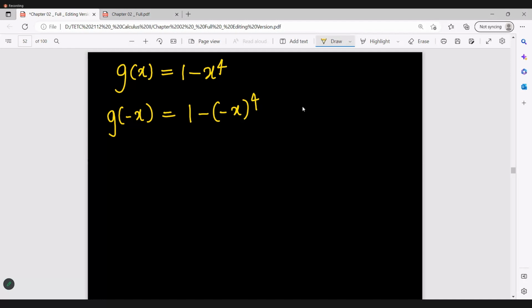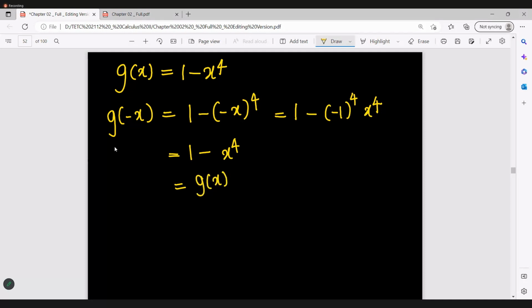So we can write this as 1 minus 1 to the power 4 x to the power 4. 1 to the power 4 is equals to 1. So 1 times x to the power 4, x to the power 4. So we have obtained the original function g of x if we consider g of minus x. So this is equals to g of x.